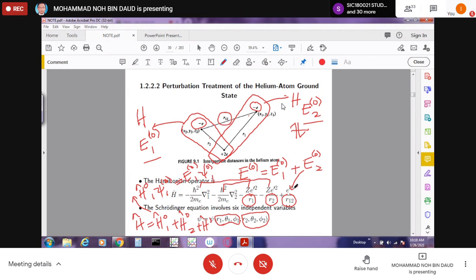And we can prove the zero order wave function is actually a product of these two individual hydrogen-like wave functions or orbitals. This is what you learned in Physical 1: the energy and the wave functions, the products.